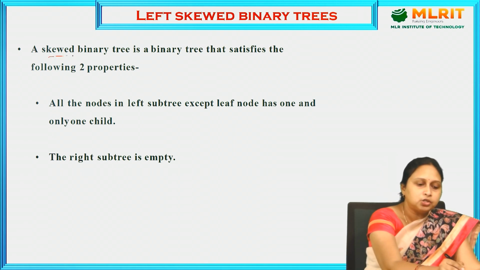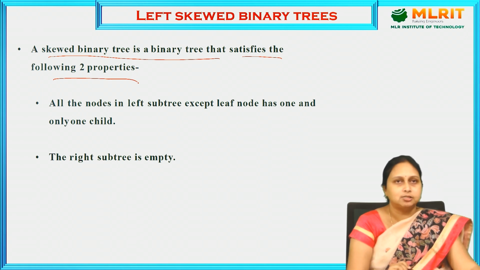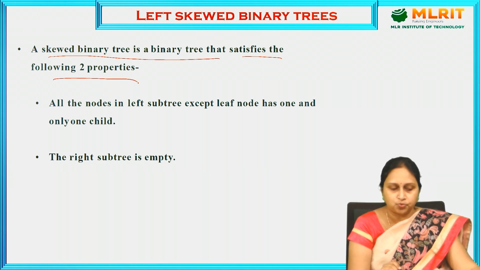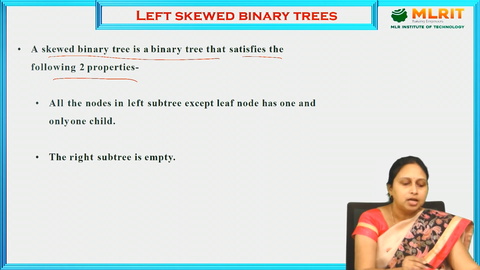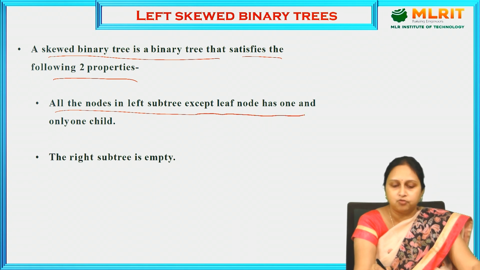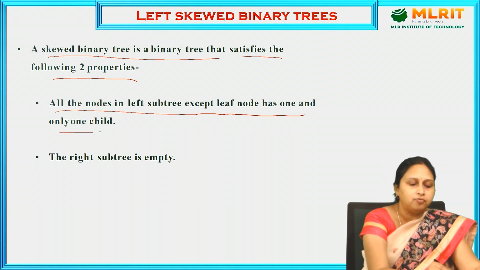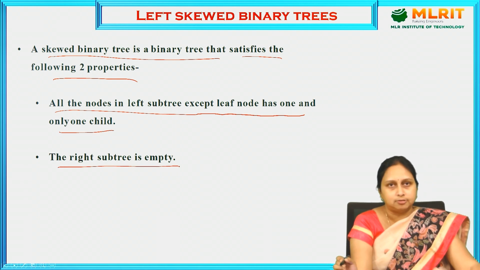A left skewed binary tree is a binary tree that satisfies the following 2 properties. First, it has to be a binary tree satisfying the at most 2 children rule. And all the nodes in the left subtree, except the leaf node, have 1 and only 1 child, and the right subtree is empty here.